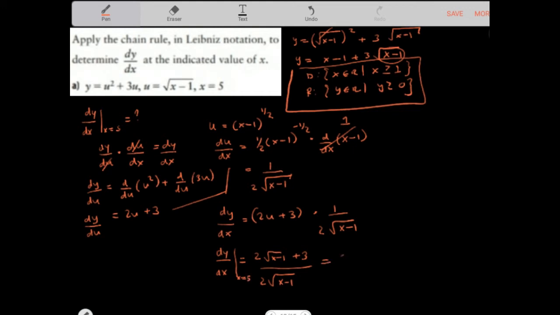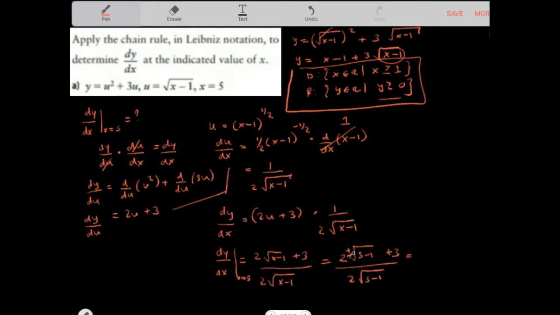So if I plug in x equal to 5, you get 2 times the square root of 5 minus 1, plus 3, over 2 times the square root of 5 minus 1. We know that square roots can be positive or negative, but because y has to be greater or equal to 0, we can only have positive values of the square root function.